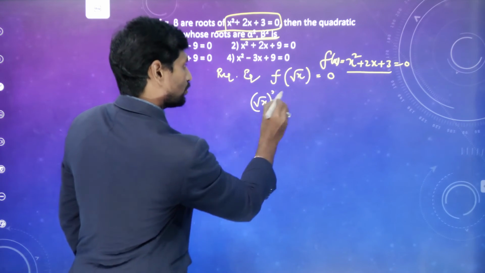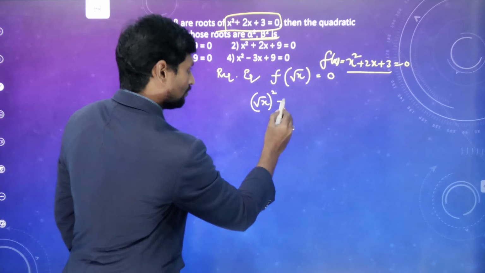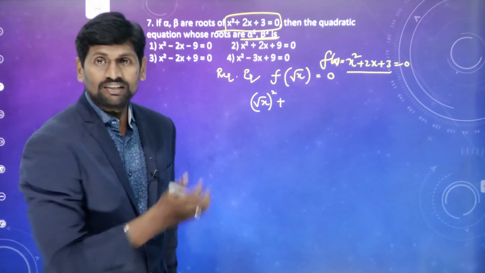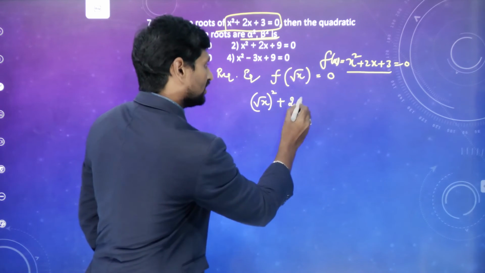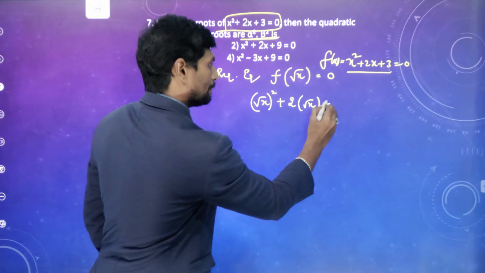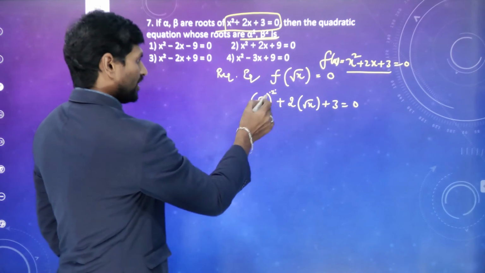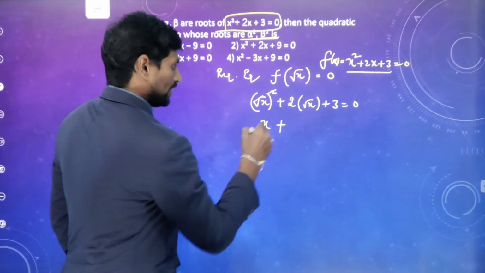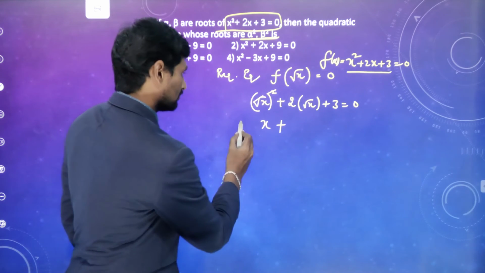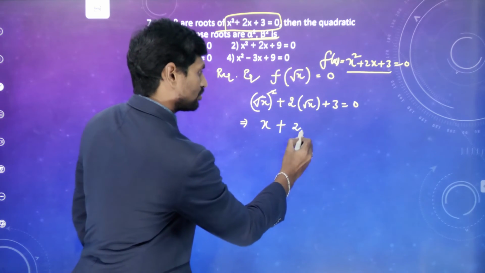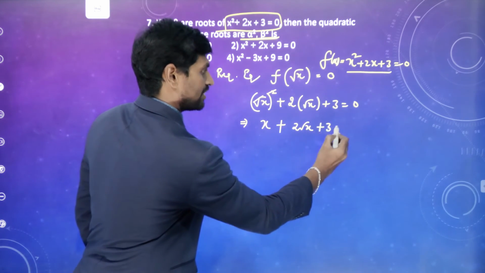Square root of x whole square, that means x, first term. Second term 2x, that means 2 into root x, plus 3 equal to 0. Am I right? 2 root x plus 3 equal to 0.